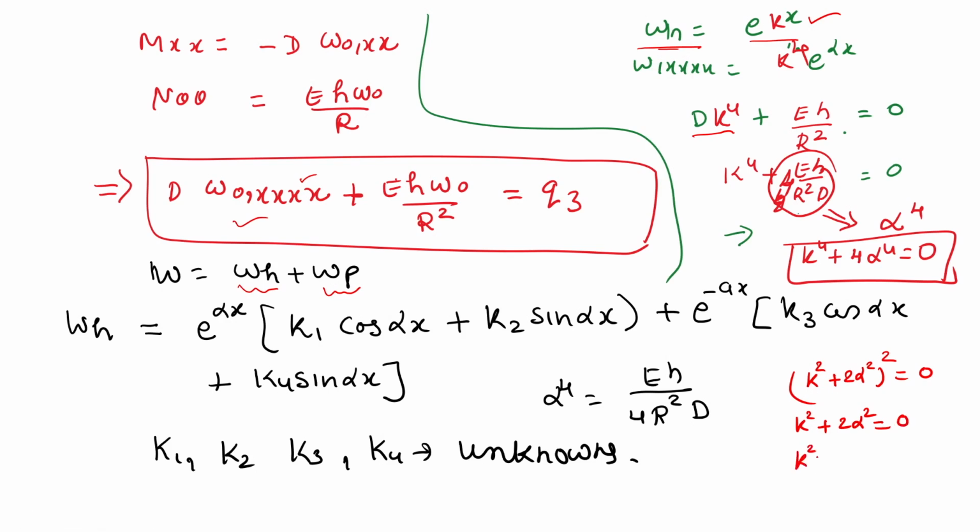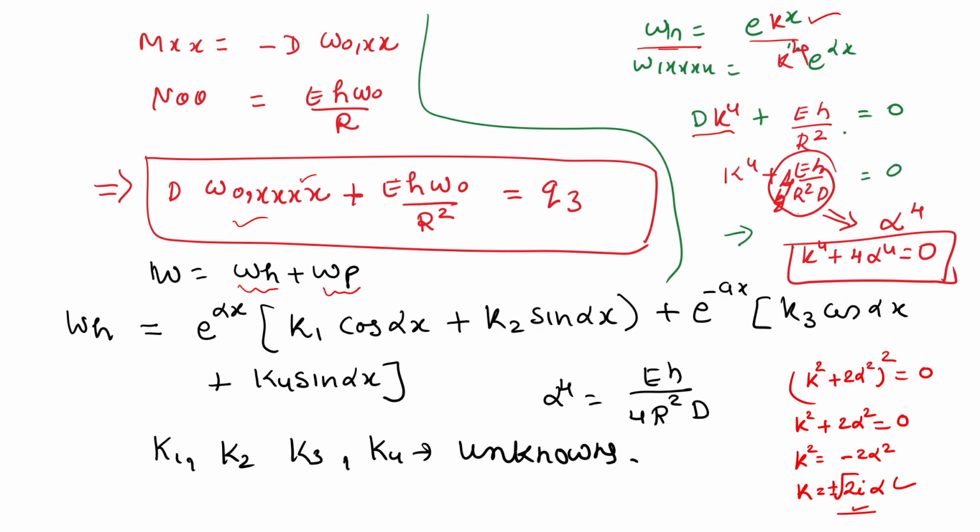Then k square will give you minus 2 alpha square. Then k will be plus minus iota root 2 alpha. In this way there will be 4 roots, where 2 roots will be the same and they are complex roots.